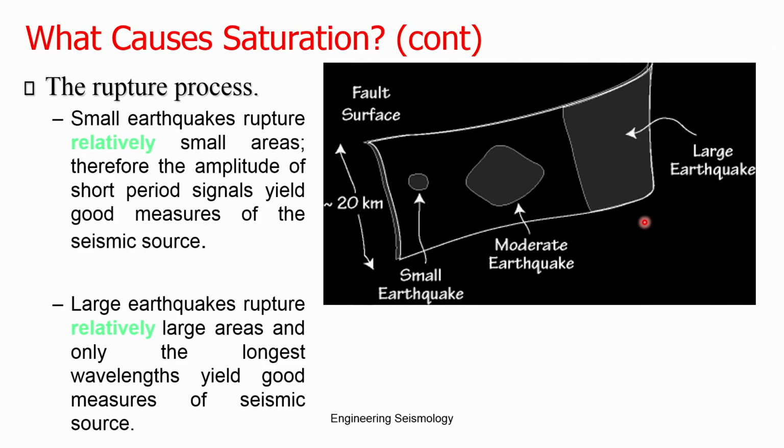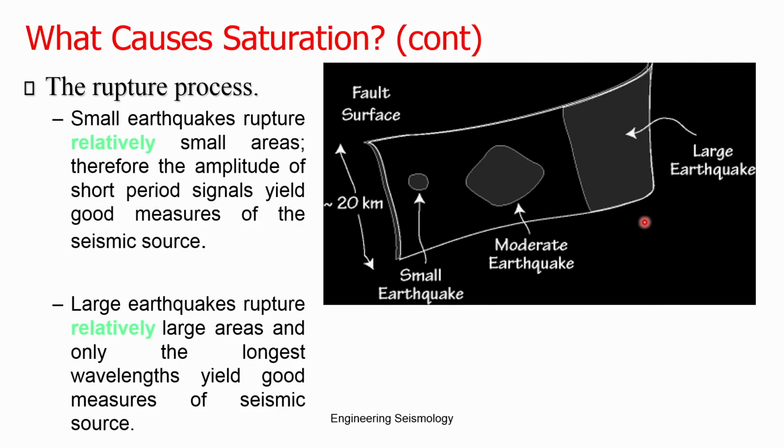So what causes saturation? As we have seen in seismic wave propagation, the waves that originate depend upon the fault fracture. The larger the fracture, the larger the wave amplitude. But since the waves travel a very long distance, the distance from the origin of the earthquake to your station is also very important, as is the rupture in the fault.